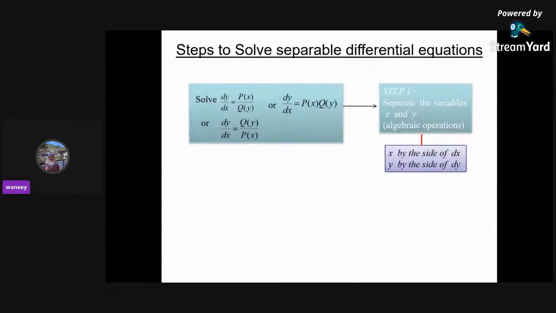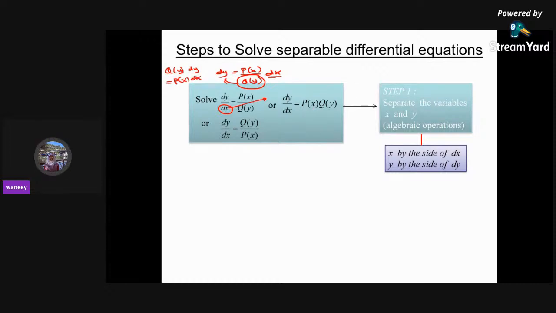If we have dy over dx, then the dx will go to the right hand side. So we are going to have dy equal to px over qy dx, but we cannot have y on the right hand side because this is dx. Only x is allowed on the right hand side. So qy will need to go to the left. So we are going to get qy dy equal to px dx.